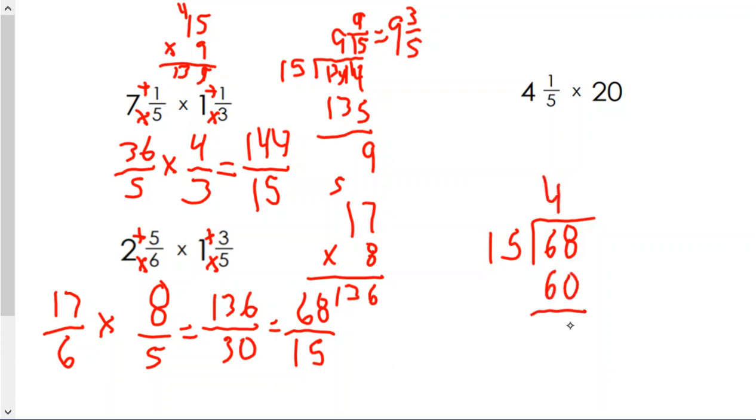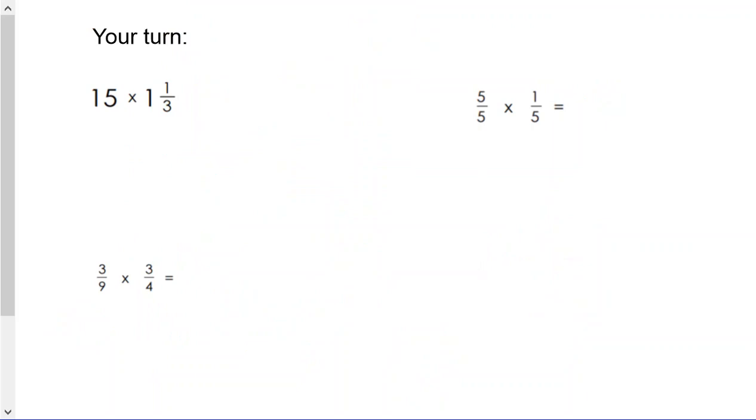And then we have 8 left over. So 4 is our whole number, and then we have 8 15ths. So 2 5/6 times 1 3/5 is equal to 4 8/15. All right, your turn. Go ahead and pause here. Try these out. Come back and see how you did.